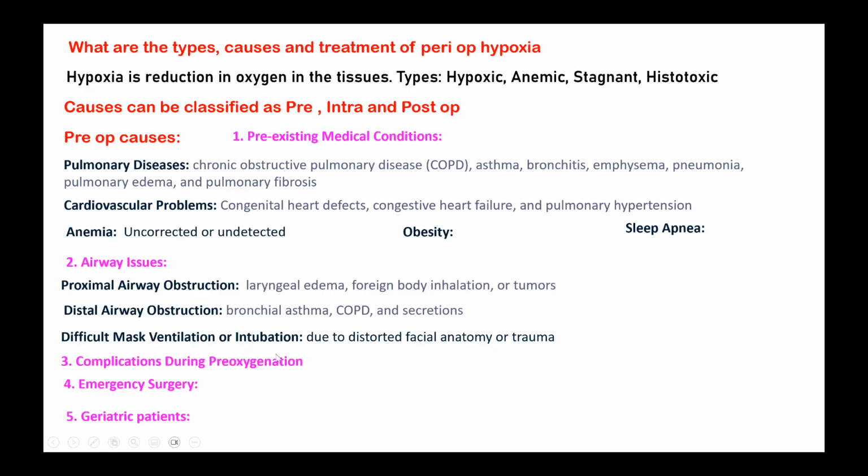And patients who are likely to have a difficult mask ventilation and intubation because of distorted facial anatomy, like in perioperative syndrome or pressure collar syndrome, or in facial trauma where there is a disruption of the normal anatomy.